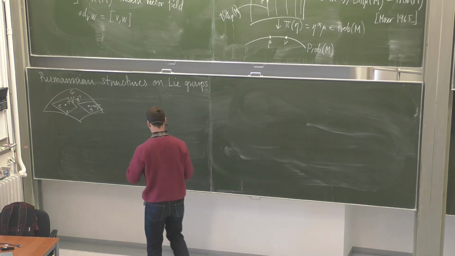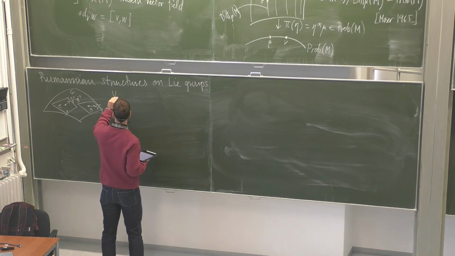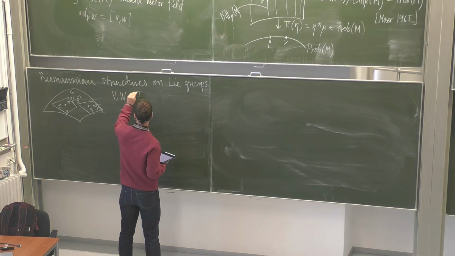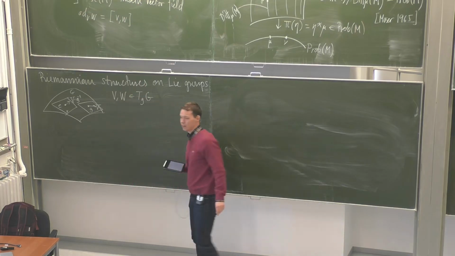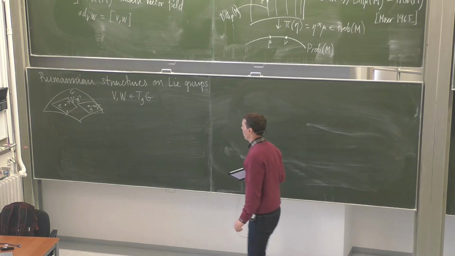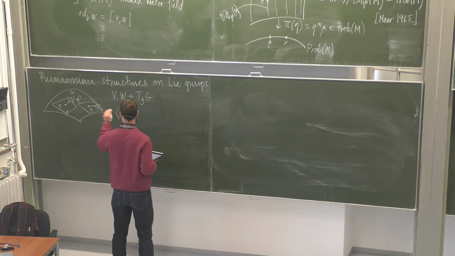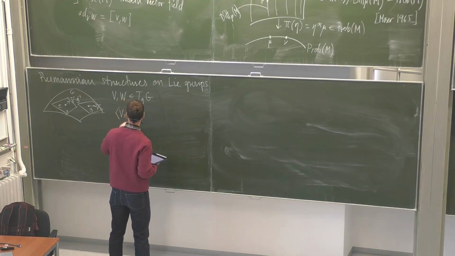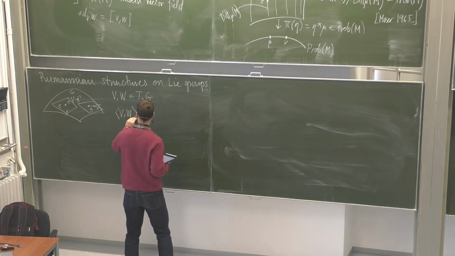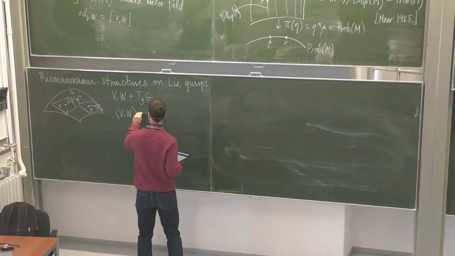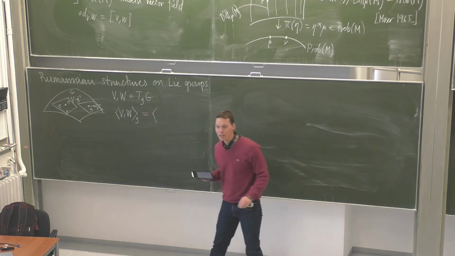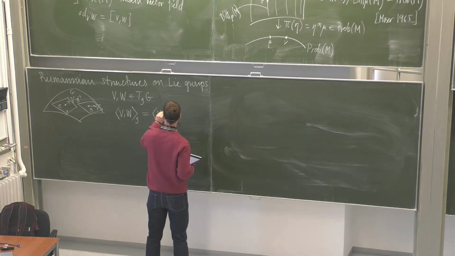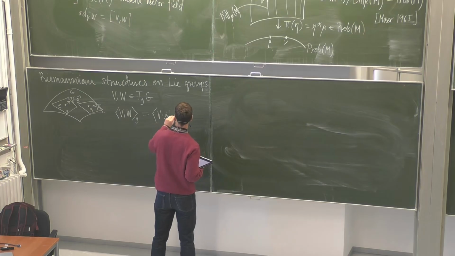So I construct a Riemannian metric like this. I take two tangent vectors, V and W, in the tangent space of some point G in the group. And then I define their inner product, the Riemannian structure, this way. The Riemannian tensor applied to these two vectors at the point G is going to be given by some inner product on the Lie algebra for the translated tangent vectors.